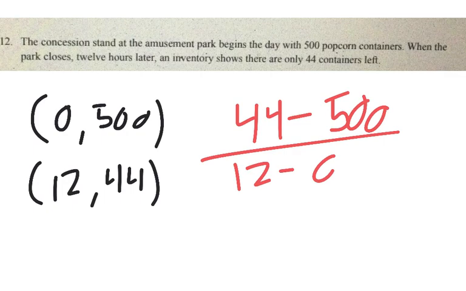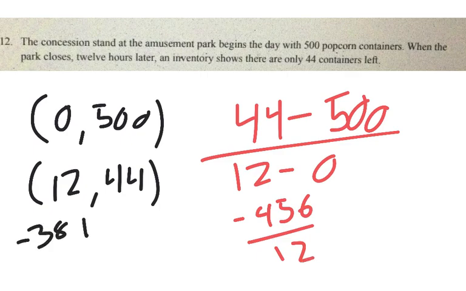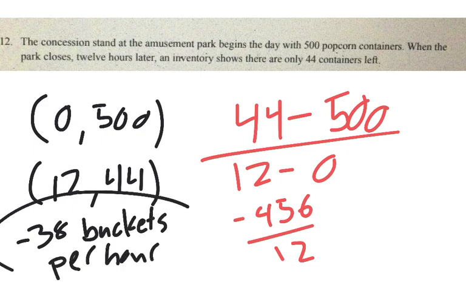So 44 minus 500 is negative 456 over 12, which means I'm at negative 38 buckets per hour. So we were selling roughly 38 buckets an hour.